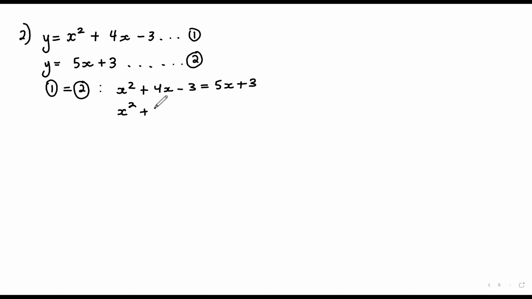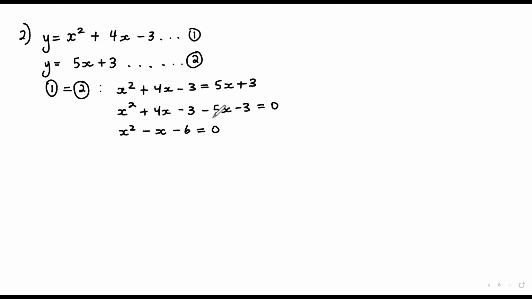So you'll have x squared plus 4x minus 3 minus 5x minus 3 is equal to 0. Then this would be x squared, 4 minus 5 is minus x. So x squared minus x. Minus 3 minus 3 is minus 6. All of that is equal to 0.